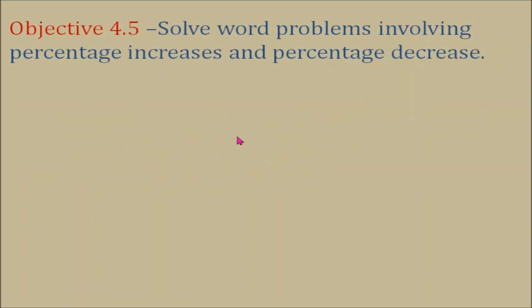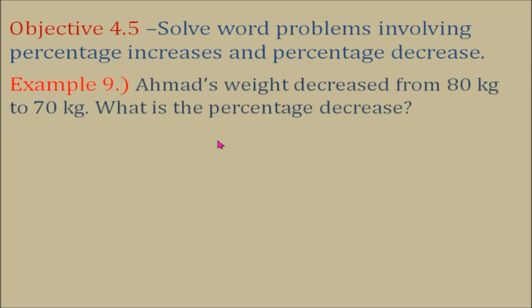Objective number 5, solve word problems involving percentage increases and percentage decreases. Example number 9. Ahmad's weight decreased from 80 kg to 70 kg. What is the percentage decrease? This is our solution.